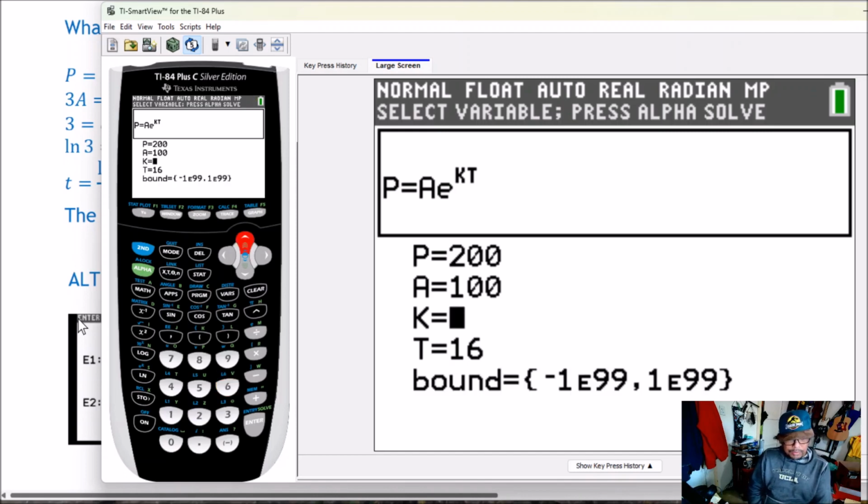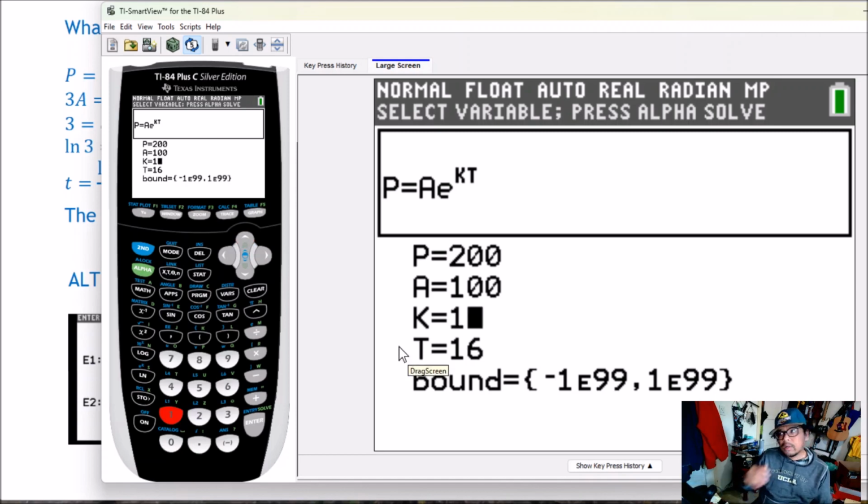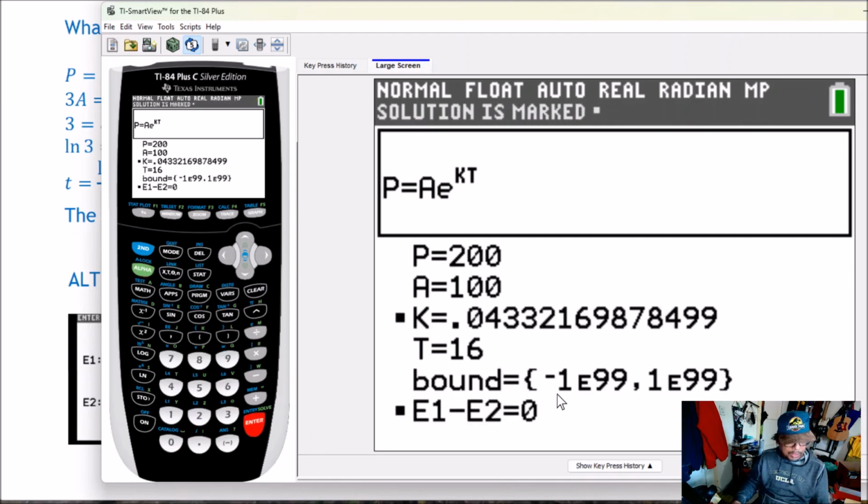We need to do this first in order to get our value of k. So now that I have that, I'm going to put in a value of k, which seems to make sense. These numbers are always kind of small. Also, the fact that the population is growing means that I need my value of k to be positive. So positive 1 should work. And now we'll push alpha, enter. That gives me this value of k.